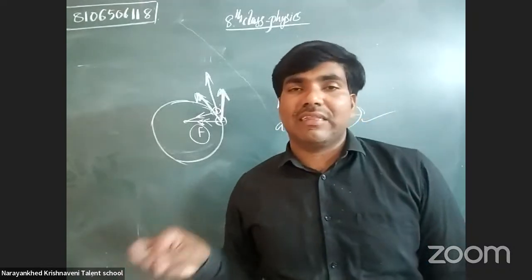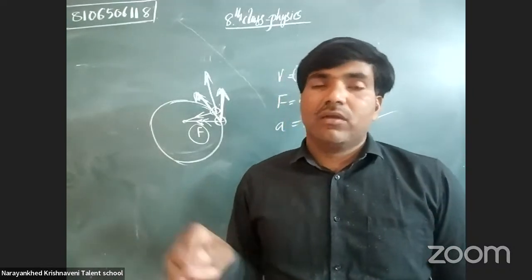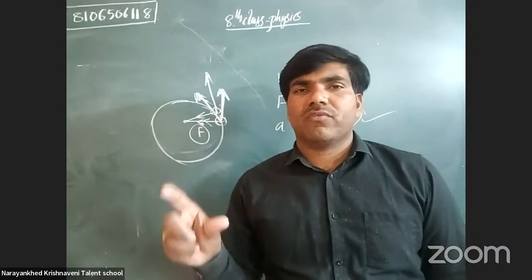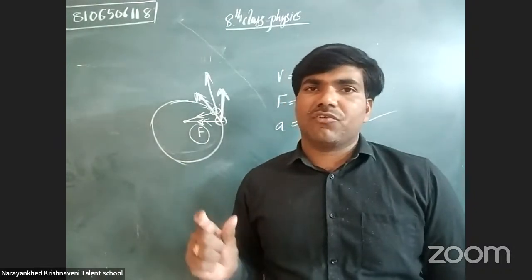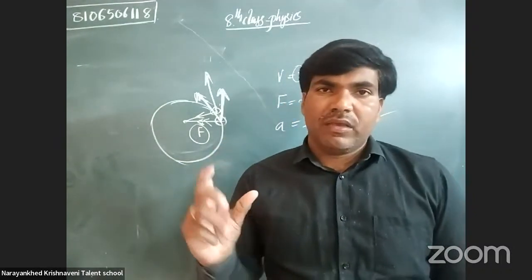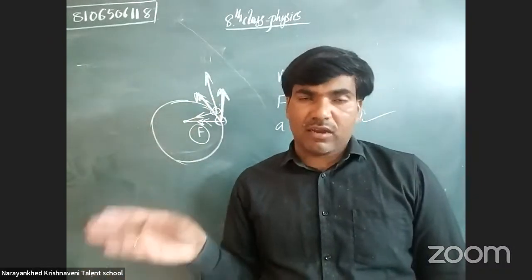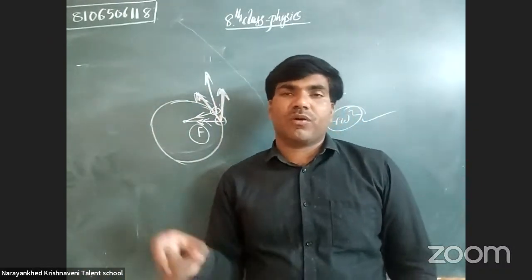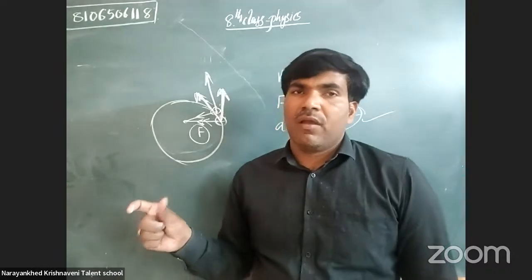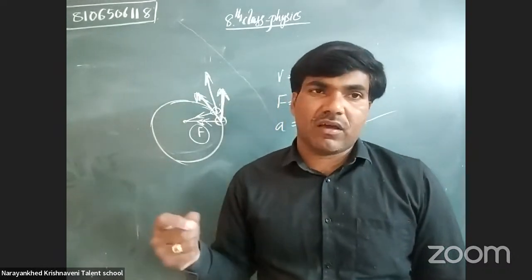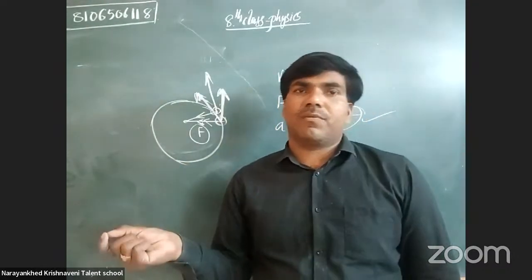And in this class, we already discussed the cross products and the dot products. We discussed these two things only: which one is the cross, which one is the dot, and what are the properties of cross product and dot product, and what is the nature of the vector after the cross product and after the dot product.